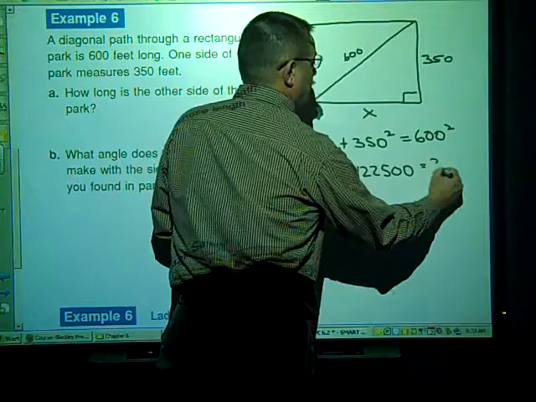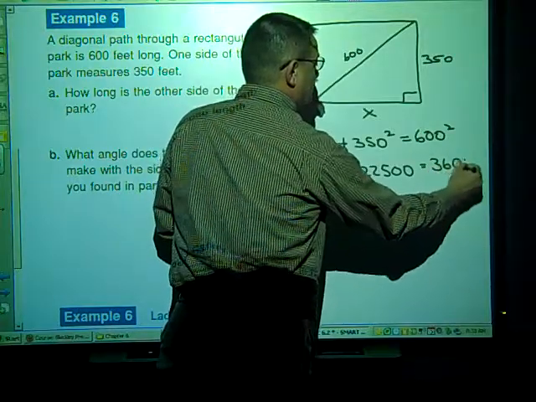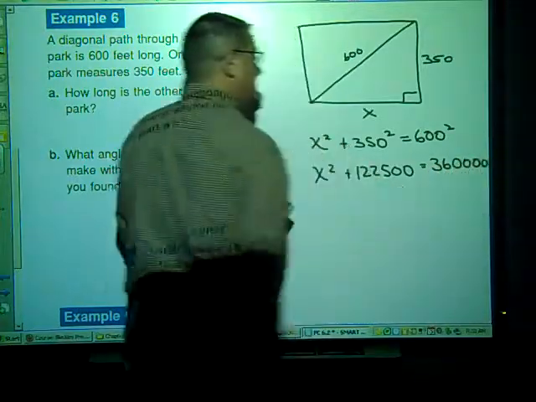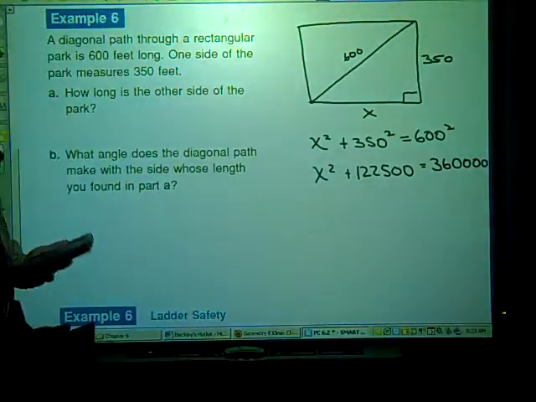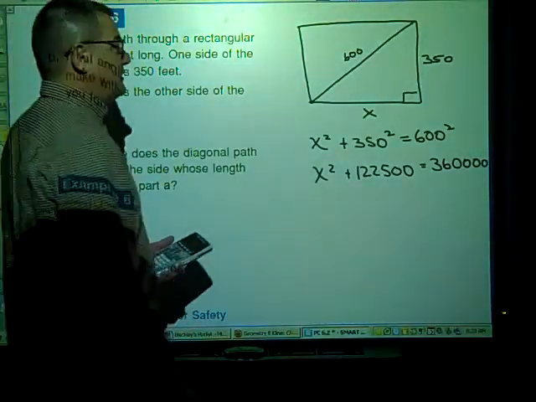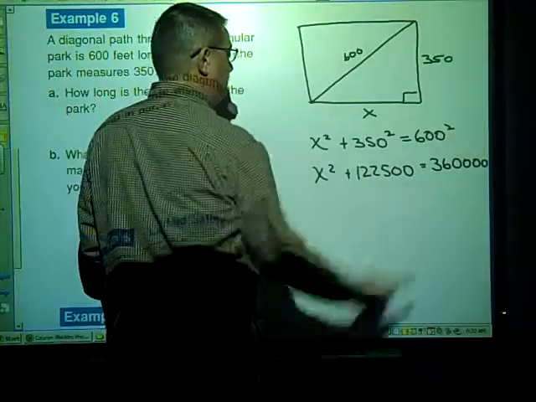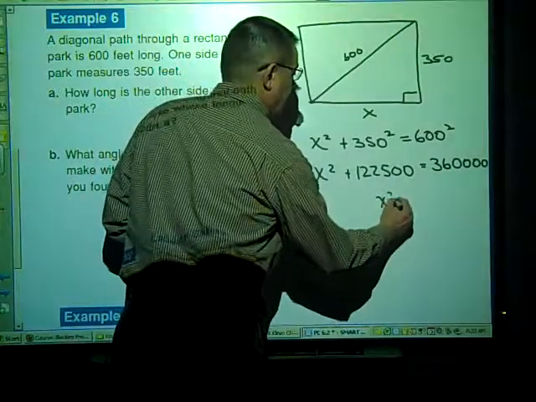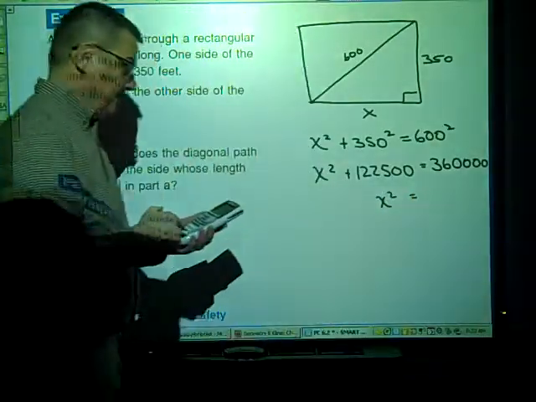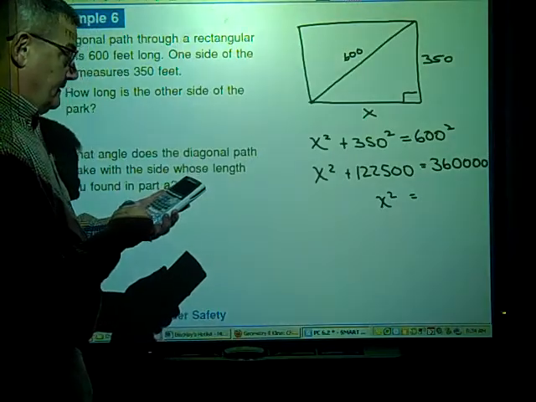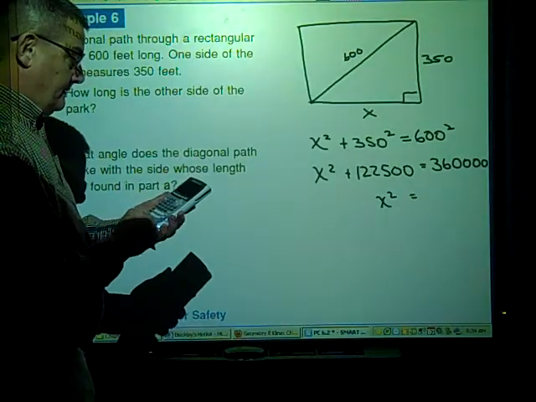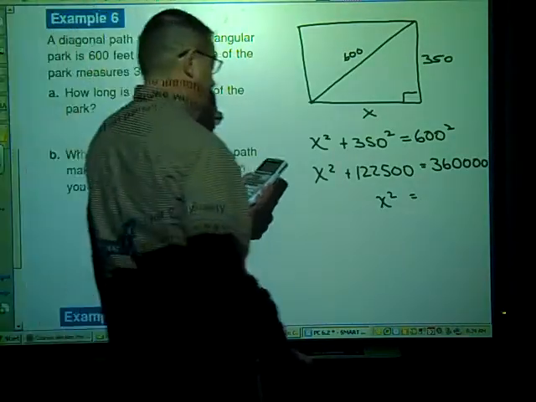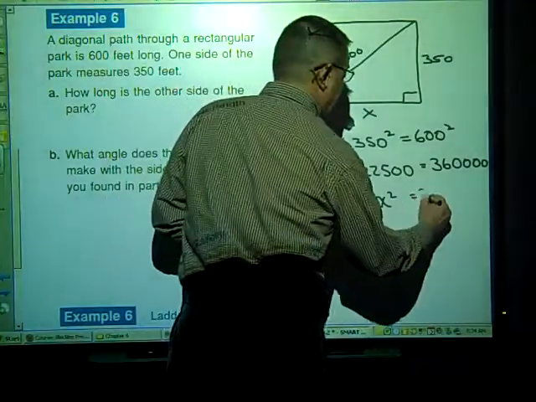It's 122,500. Equals 360,000. Then we subtract 122,500 from both sides, and we get x squared is 237,500.